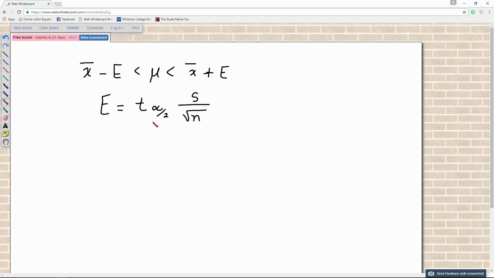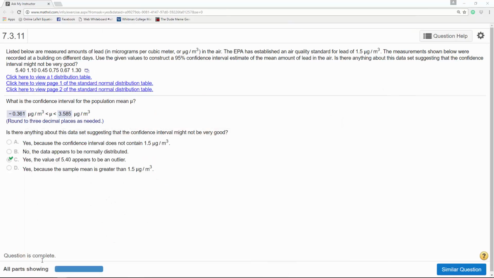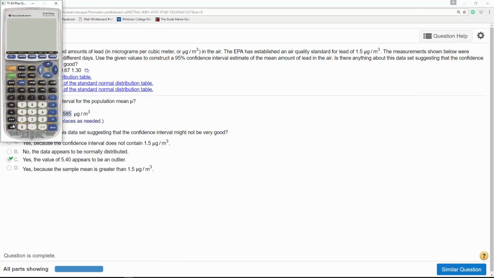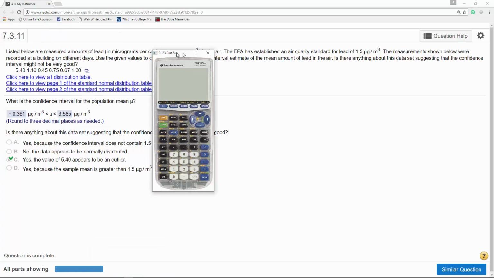We just found this, based on a 95% confidence, we got 2.571. So I need to find the mean and I need to find the standard deviation. I already know that's my sample size, which is 6.